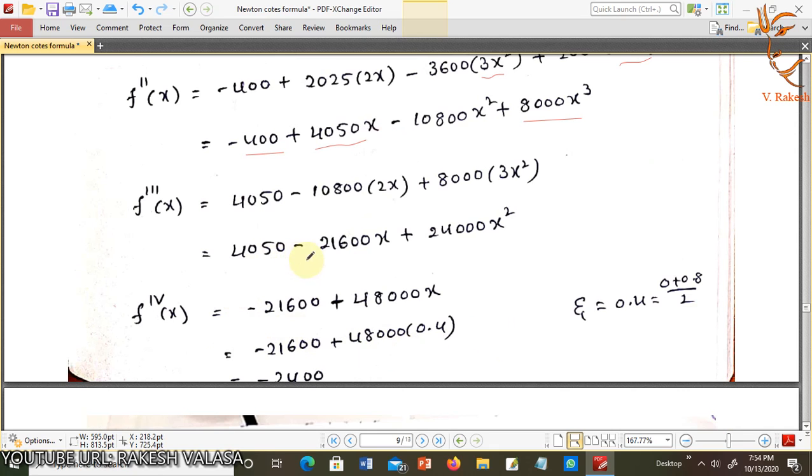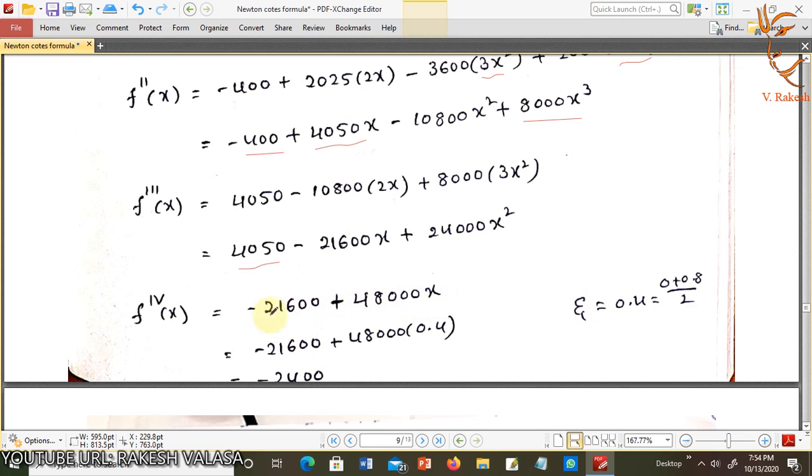Again differentiate with respect to x, that means the fourth derivative. 4050 derivative 0, derivative of any constant equal to 0, minus 21600 x derivative 1, 24000 x square derivative 2x. The final value is minus 21600 plus 48000x.